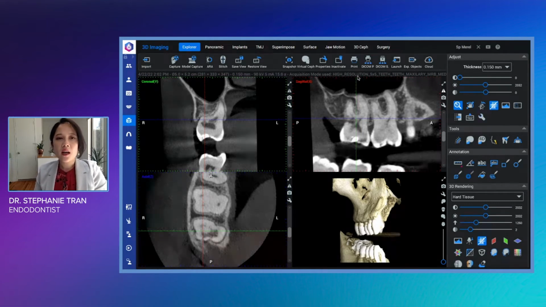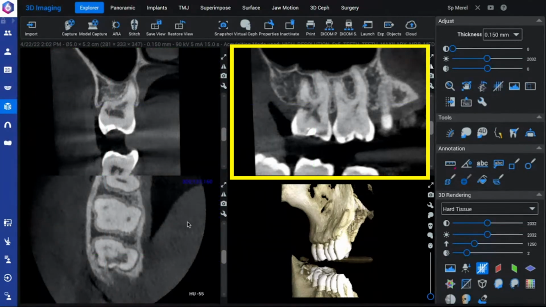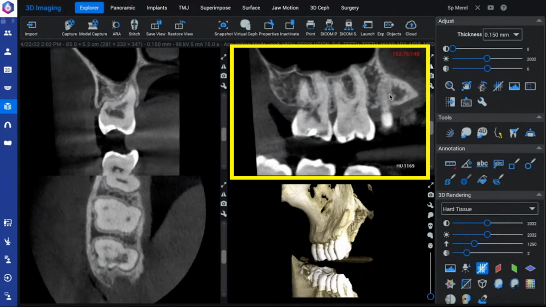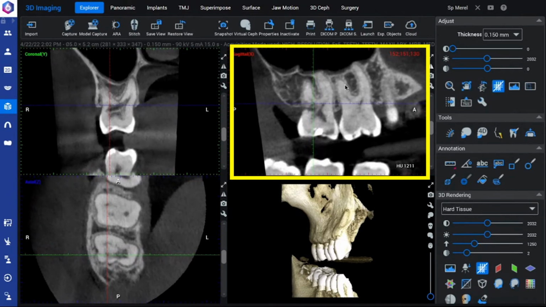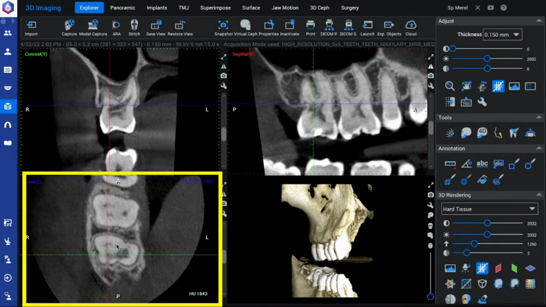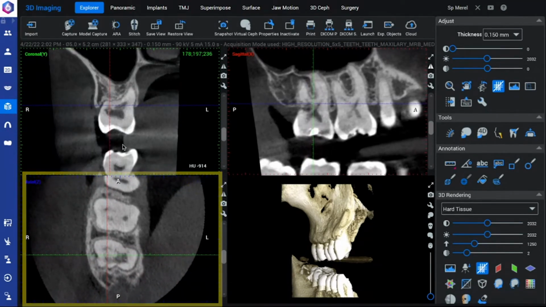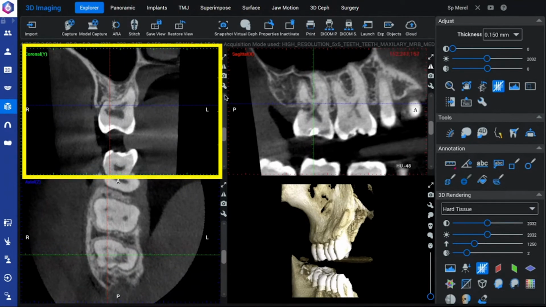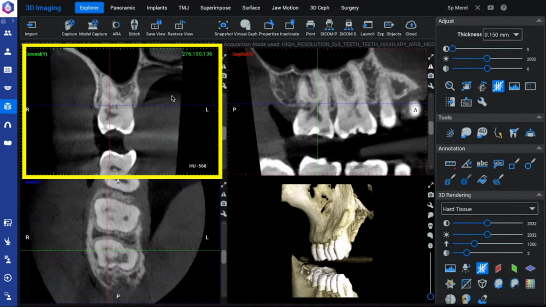So we focus all the crosshairs on just the tooth or even just one root. We can then start to scroll through the different slices. In this case, I had centered this tooth on the crosshairs like that, and then we can center it along the mesiobuccal and distobuccal roots, and center it on the root slightly like that.